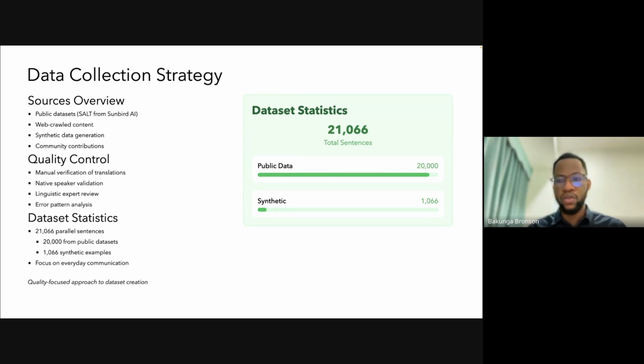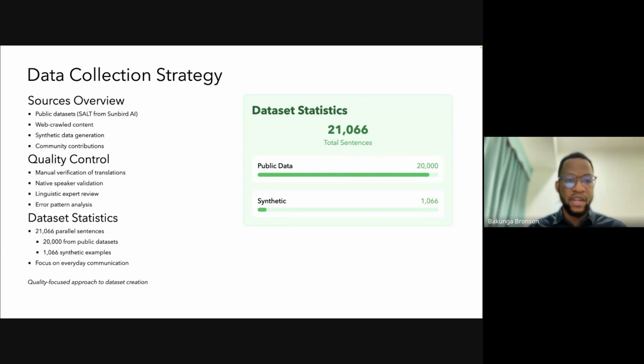Quality control was all done manually, because code mixing is not as straightforward and is not really understood by large language models. We had to do this manually for all the 1,000 sets, except the SALT dataset, which was already sorted, so we didn't need to do too much on that front.